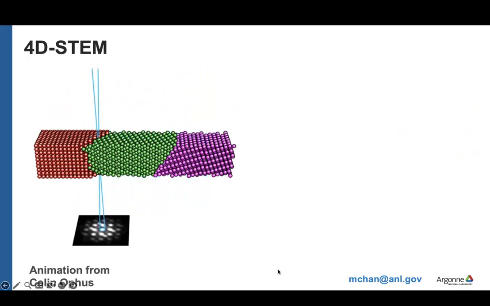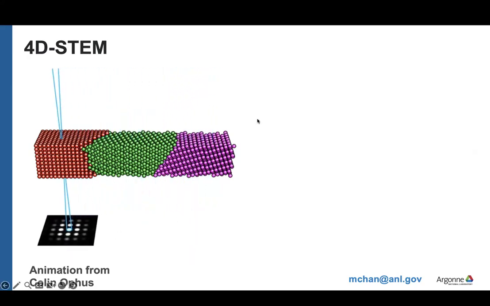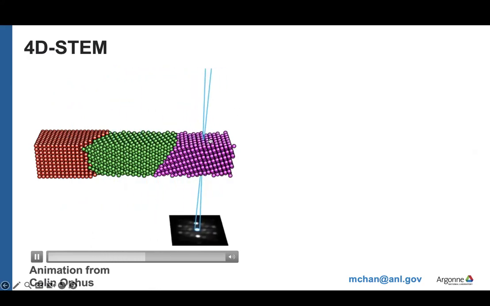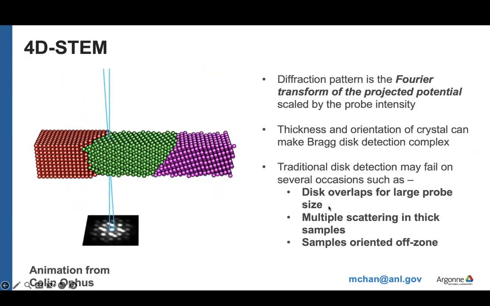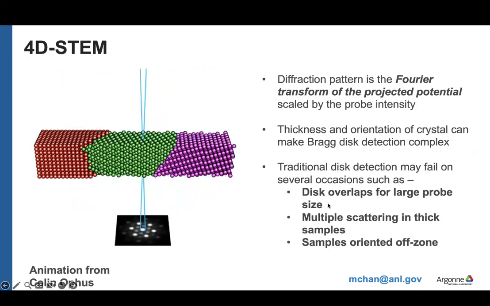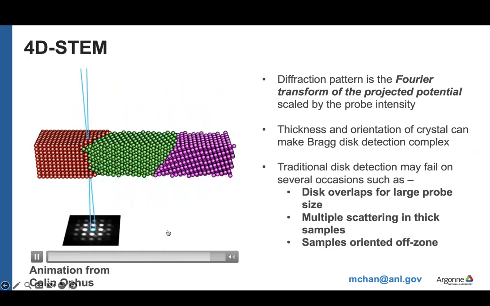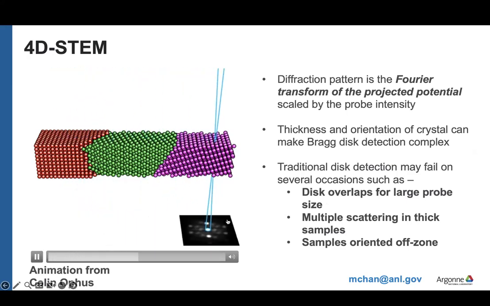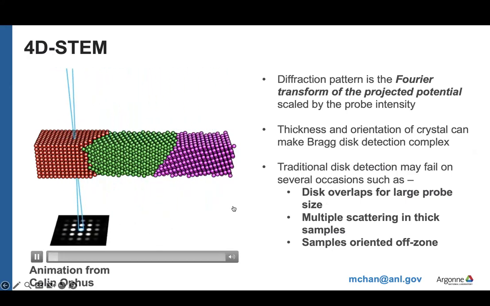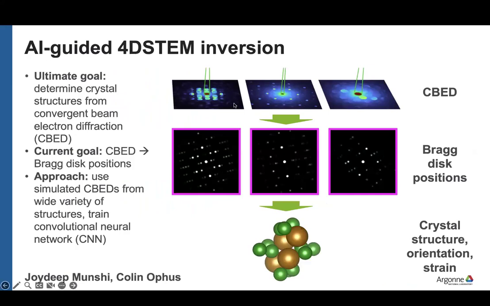This is about 4D STEM. 4D STEM is 2D plus 2D. The electron beam rasters in a 2D grid, and then at each point you get a 2D convergent beam electron diffraction pattern, or CBED pattern. So the CBED pattern is almost like the usual diffraction pattern, except that due to the stronger interaction of the electron beam with material compared to, say, X-rays, you get multiple diffraction, and the disks are not cleanly separated.